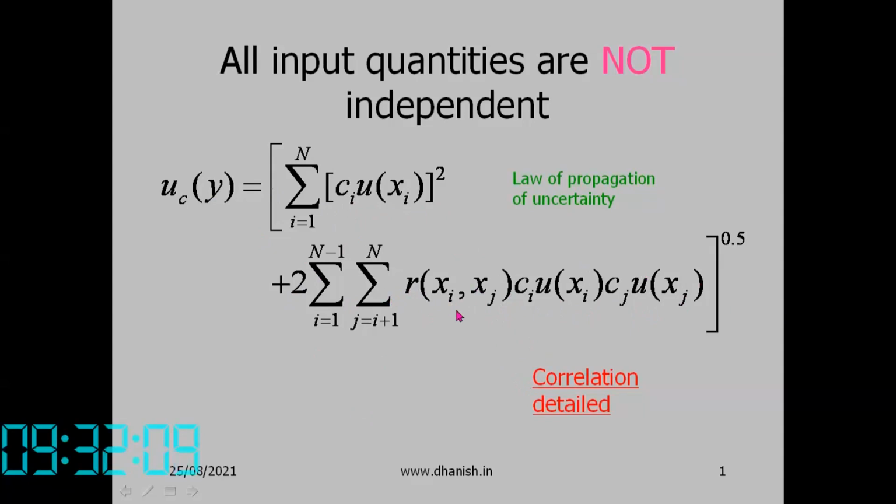If two variables xi and xj are independent, what will be the correlation between them? It should be 0. If they are not independent, then the correlation will not be 0, and then we have to take this additional term into this formula. So this is called the law of propagation of uncertainty.